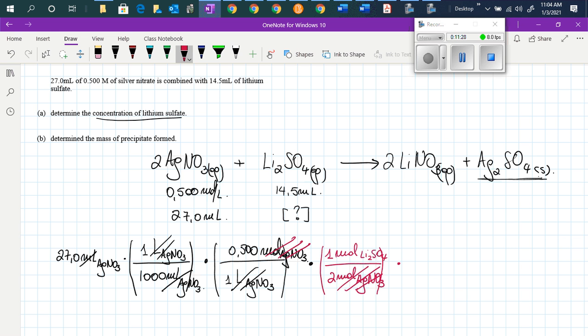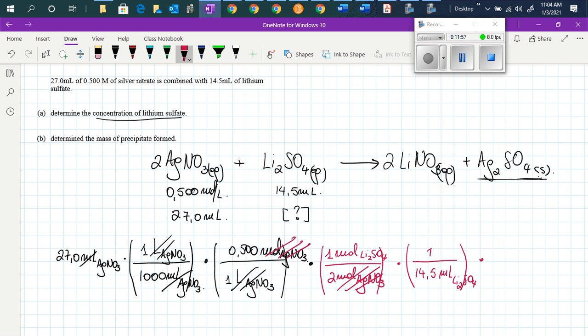And we are looking for concentration. Concentration is moles per liter. And in this case, what we have is 14.5 milliliters of lithium sulfate, which means that we will have 1 over 14.5 milliliters of lithium sulfate.